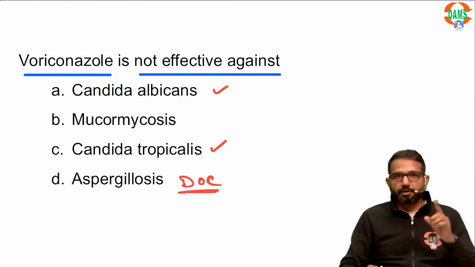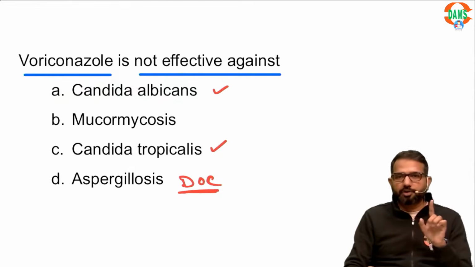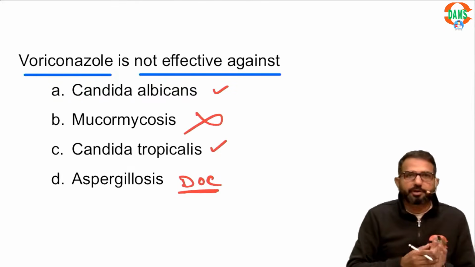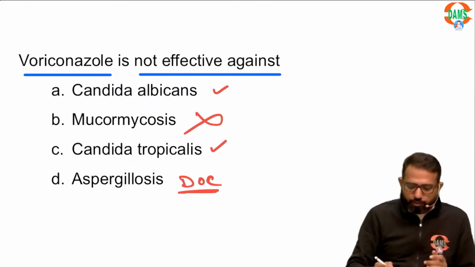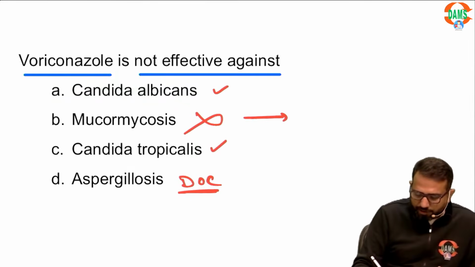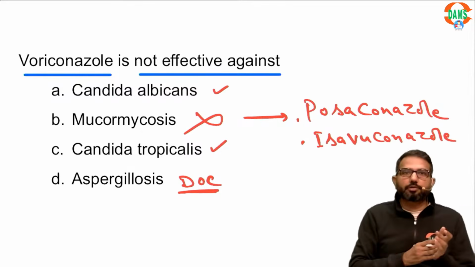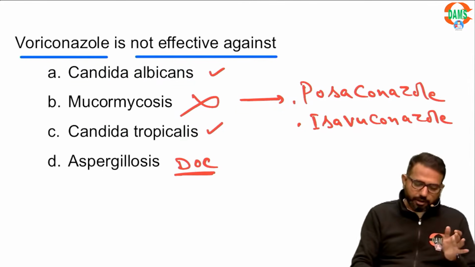But remember, voriconazole, itraconazole and fluconazole are not effective for mucormycosis. For mucormycosis, the azoles which are effective are posaconazole and isavuconazole, but they are not the drug of choice.